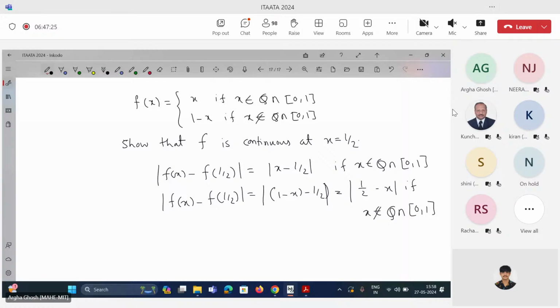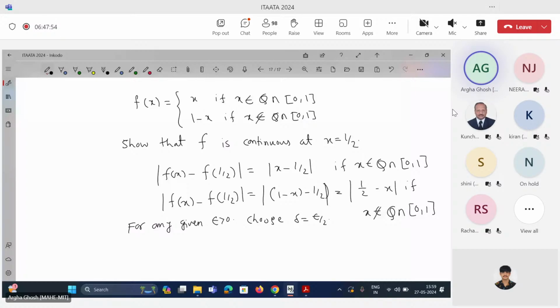Okay. So for any given epsilon greater than 0, choose, let's say, delta equals epsilon by 2. Then we are done. Because in that case, if you consider |x minus half| is less than delta, that means it's less than epsilon by 2.